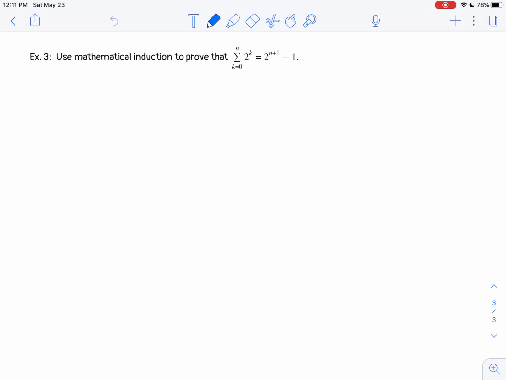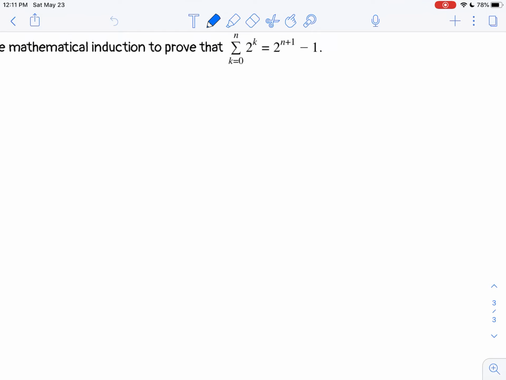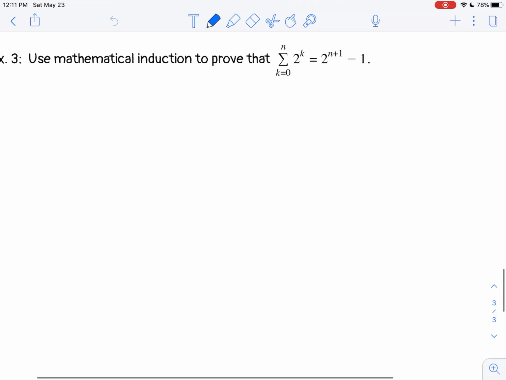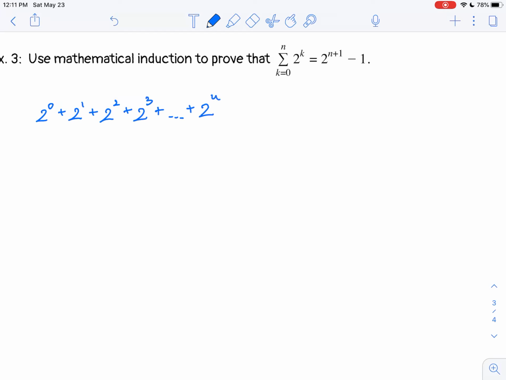Now I know this is in a little bit of a different format than what we've seen in the other few examples, so let's write out what this actually is asking us to do. If you have a series, and we start plugging in numbers for k, we start with 2 to the 0, add 2 to the 1 plus 2 to the 2 plus 2 to the 3, and we keep going all the way until we finish at 2 to the n.